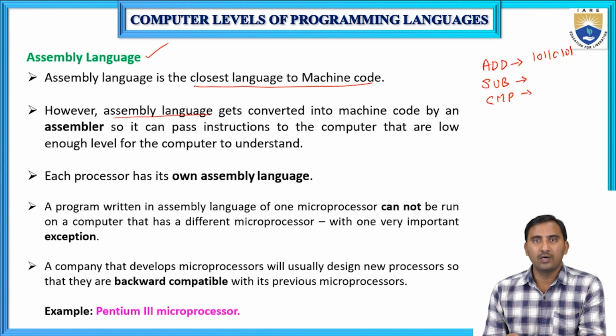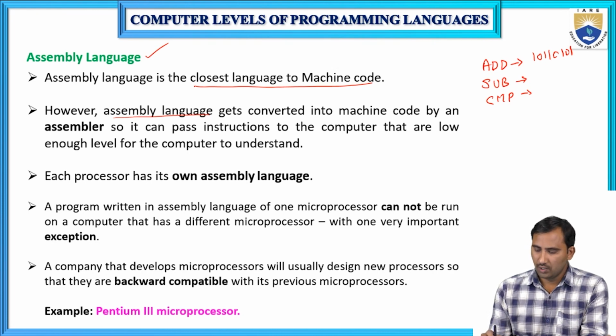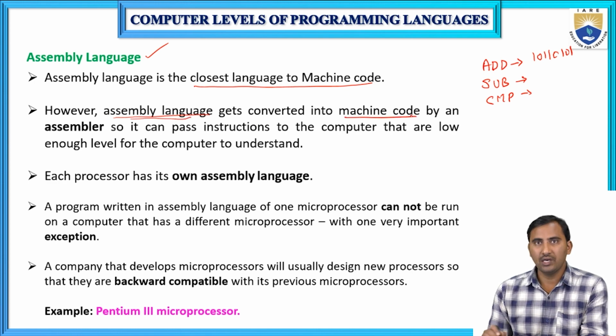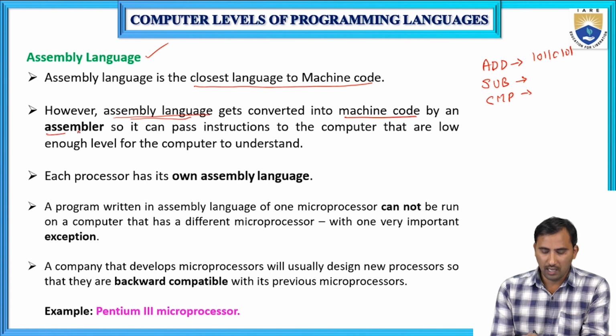We can do that with the help of the assembler. The assembler converts the assembly language program into machine understandable language. So it converts assembly language instructions into machine code. That is called the assembler.